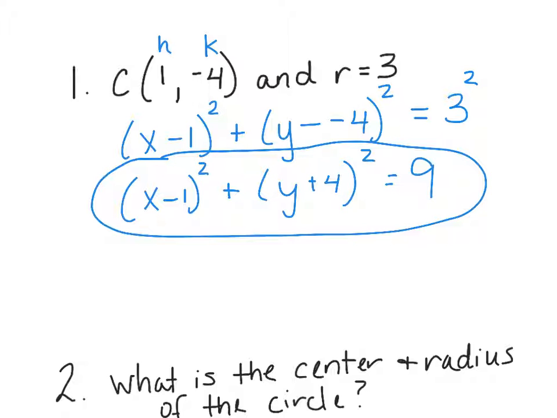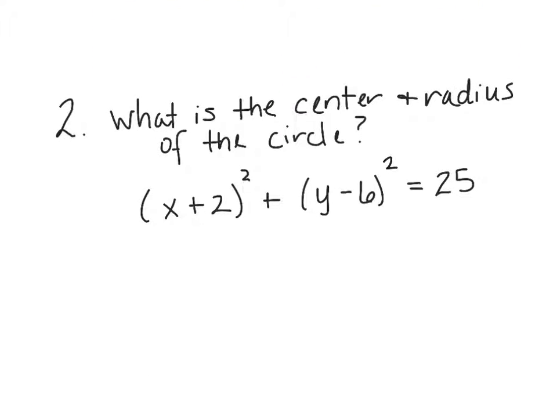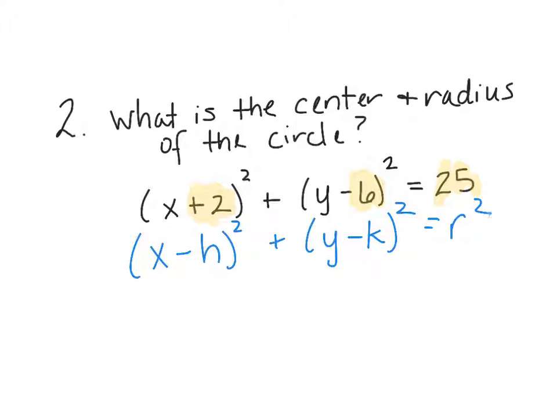Now I can reverse that question and ask you, what is the center and the radius of the circle given the equation? So we're simply going to look at these numbers right here. And we know that the formula is (x minus h) quantity squared plus (y minus k) quantity squared equals r squared.